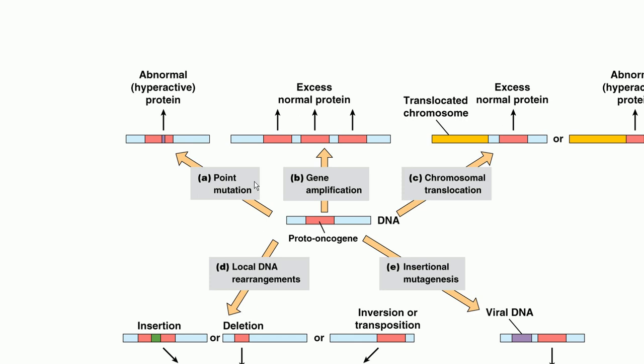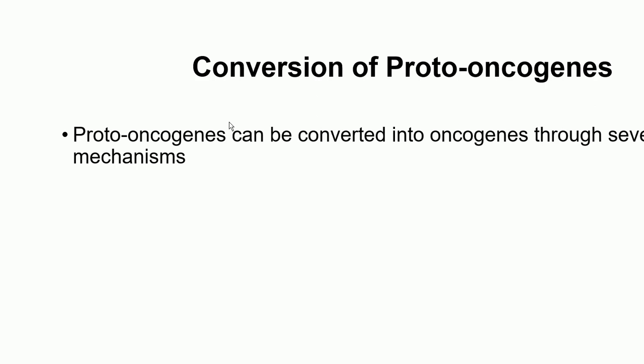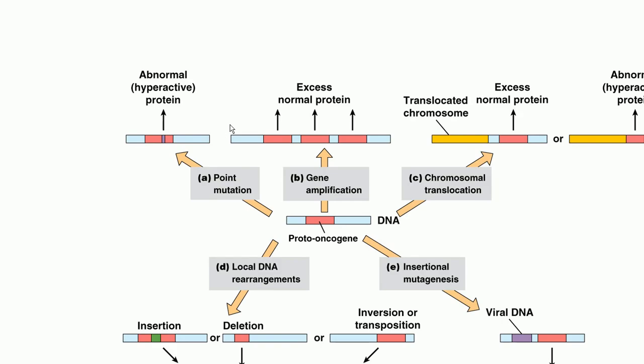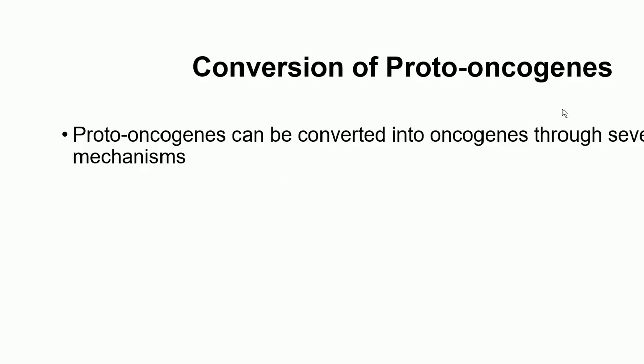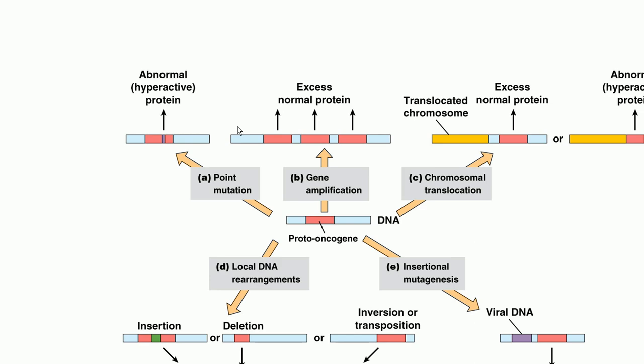So here, this is the DNA, and this is the proto-oncogene. This slide is showing how proto-oncogenes can be converted into oncogenes through several distinct mechanisms. There can be a point mutation, which means a sudden change in the DNA, a change in the nitrogenous base.